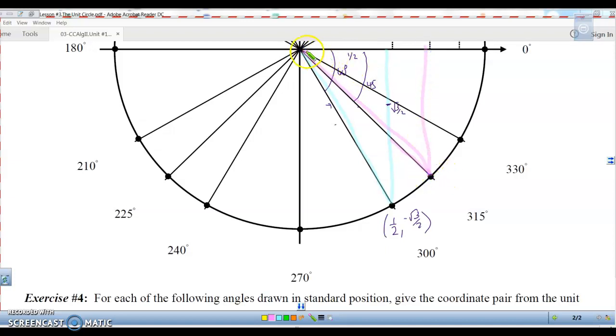If this is 45, these two sides are going to be the square root of 2 over 2, and the hypotenuse is going to be 1. So in this quadrant, the x is positive, the y is negative. So this is going to be the square root of 2 over 2, negative square root of 2 over 2.